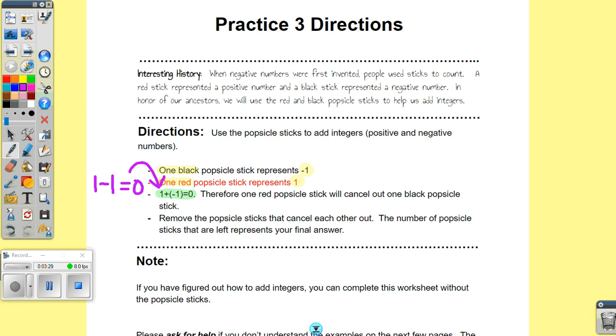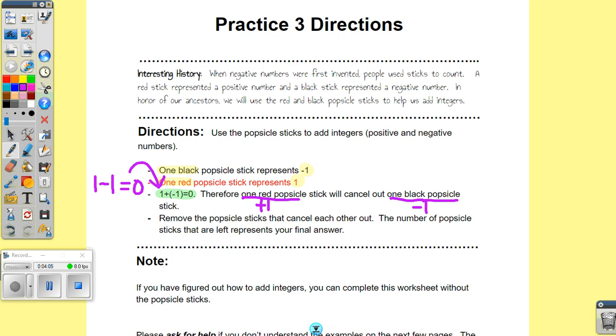So when it comes to looking at the popsicle sticks, what that means is one red popsicle stick, which represents +1, not that you need to write the plus sign, but that represents +1, and one black popsicle stick, that's going to represent -1. So if you have one red popsicle stick and one black popsicle stick in the same problem, those popsicle sticks are going to cancel each other out, and the reason for that is because 1 plus -1 is equal to 0.